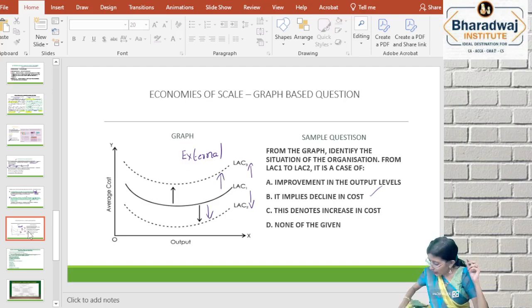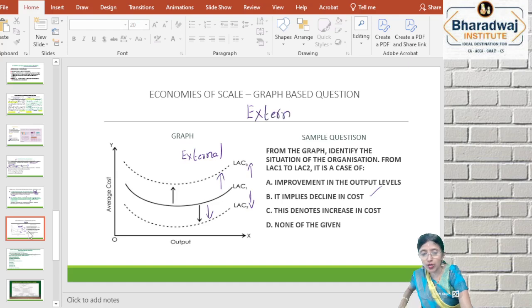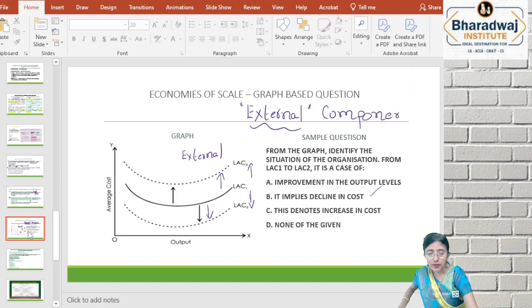External economies will have a shift from LAC1 to LAC2. External diseconomy, remember this is for external economies and diseconomies, the external component. Have you drawn the diagram?